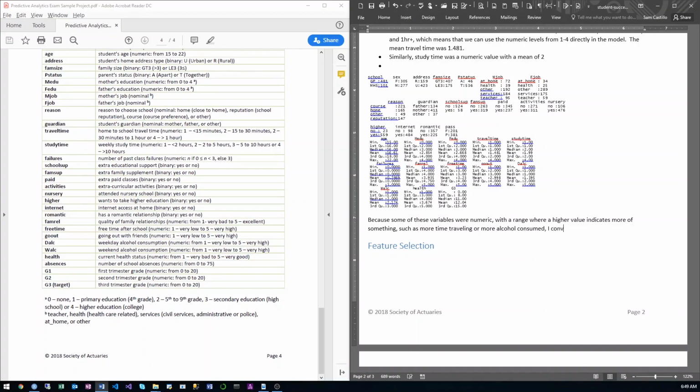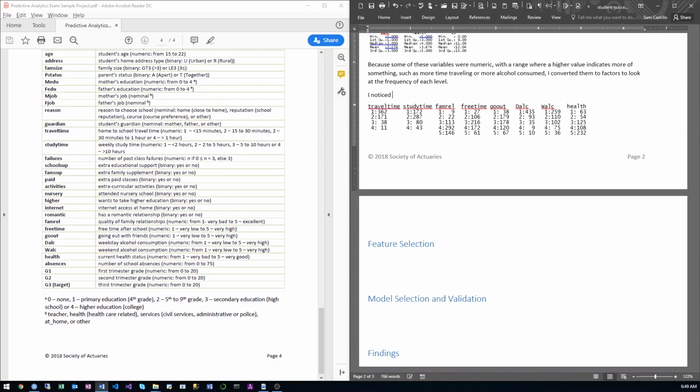I converted them to factors to look at the frequency of each level.